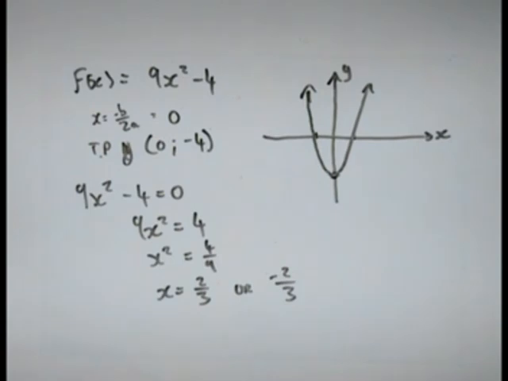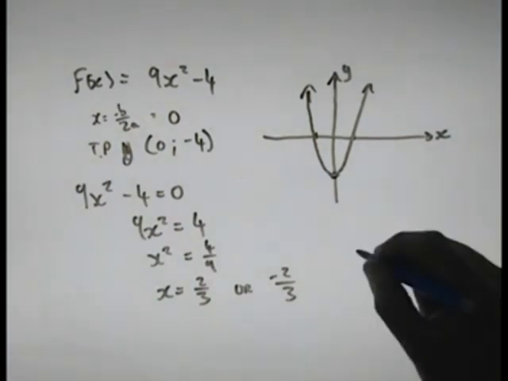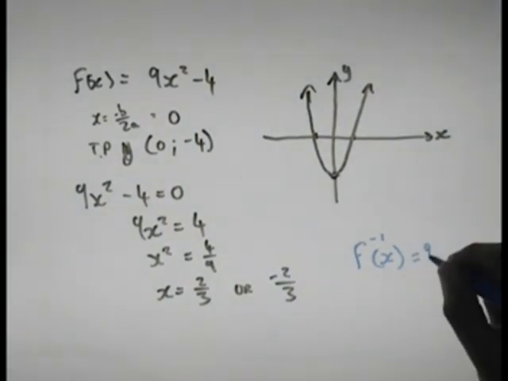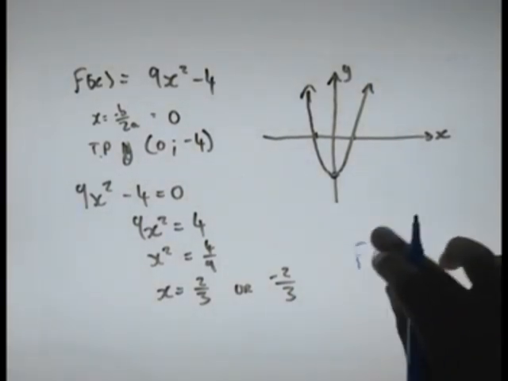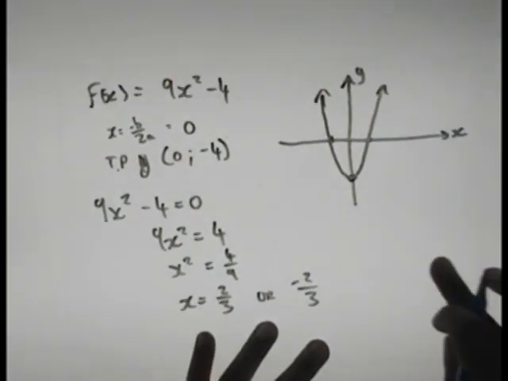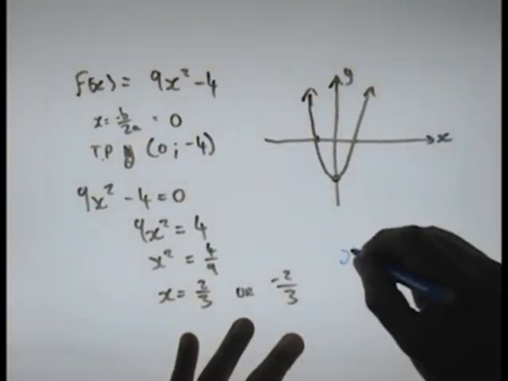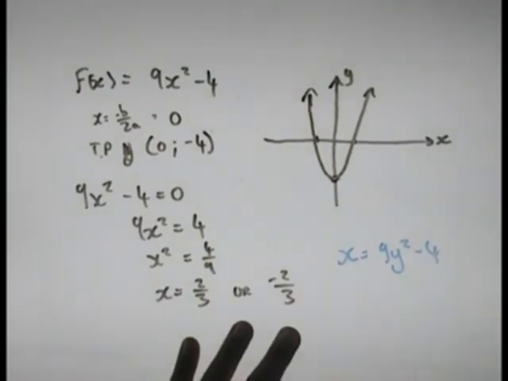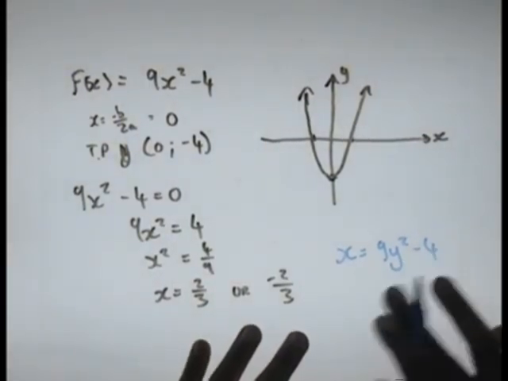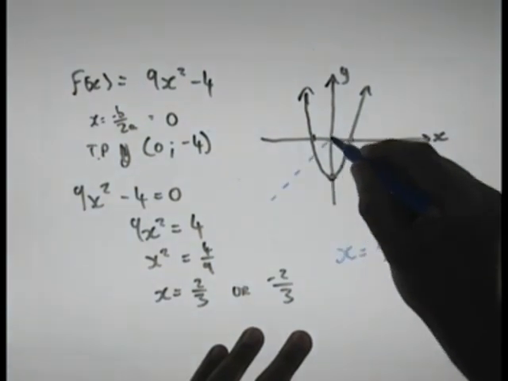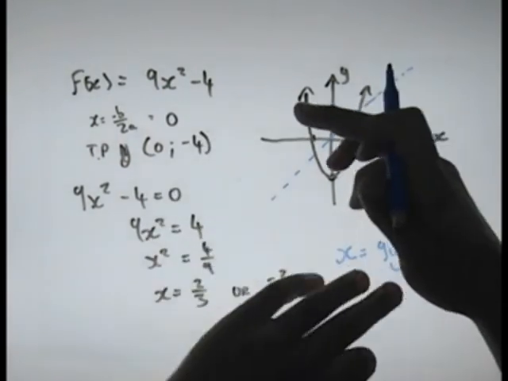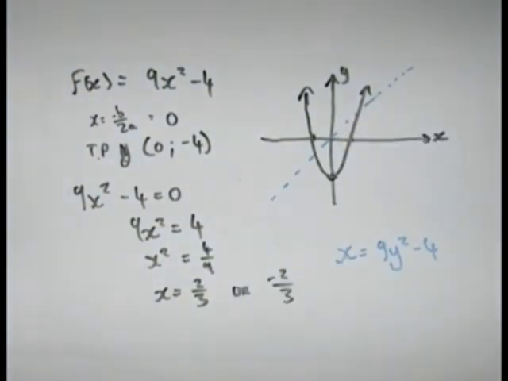Now we are going to draw the inverse. Now don't do what I'm doing. The inverse of f of x is going to be x is equal to 9y squared minus 4, and you can do all of those fancy calculations, or you could just take your graph and flip it around that line, around that blue line.